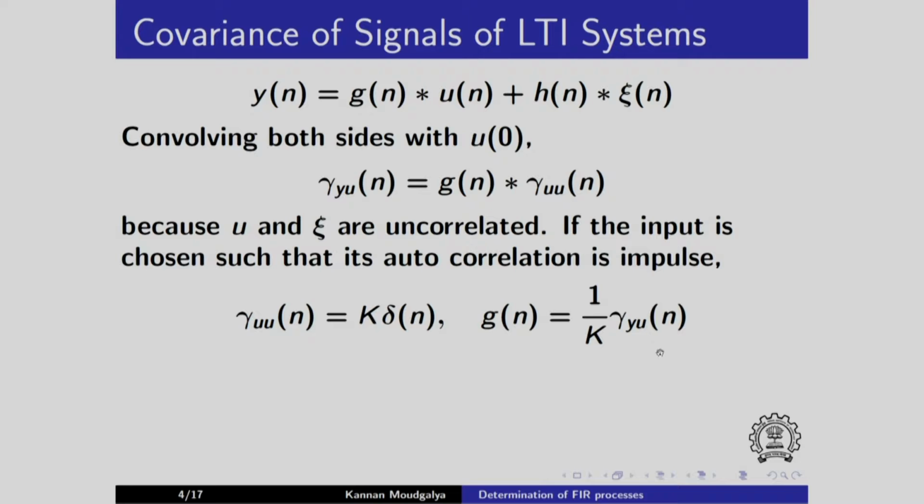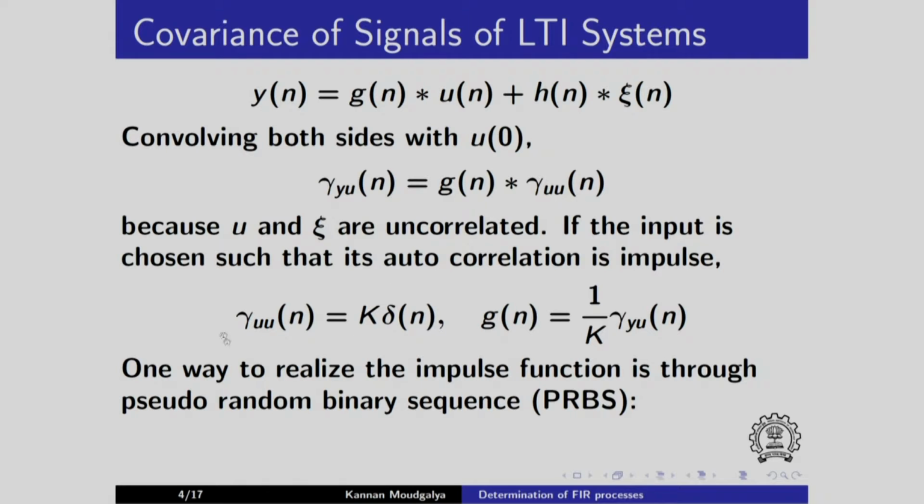From this we also see that if you know gamma Yu, that is the cross correlation, cross covariance function, then you can find Gn, provided you know this k and this U is chosen in a particular way. Now how do we get this?